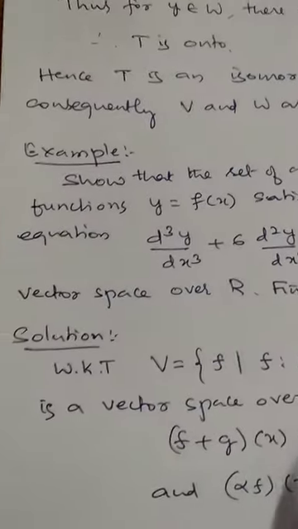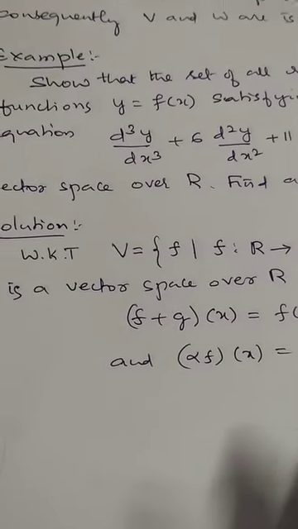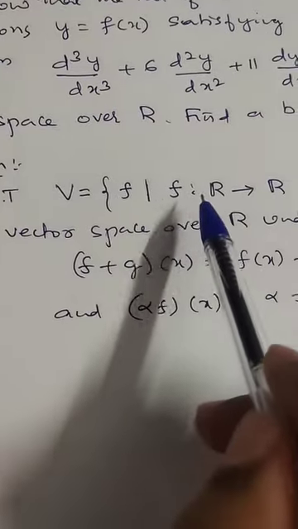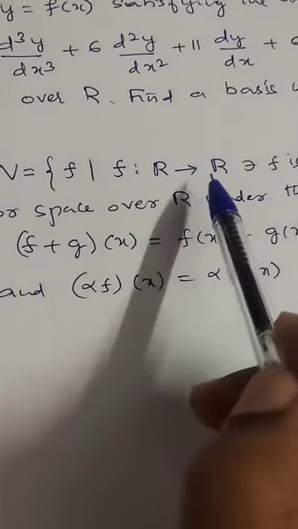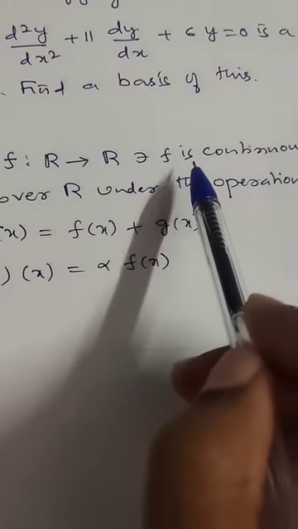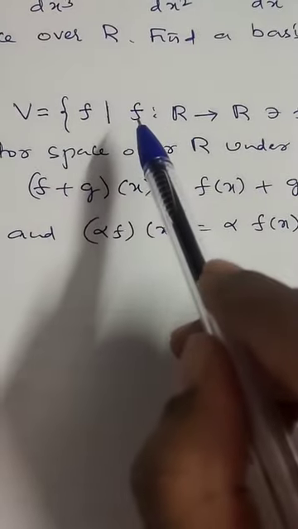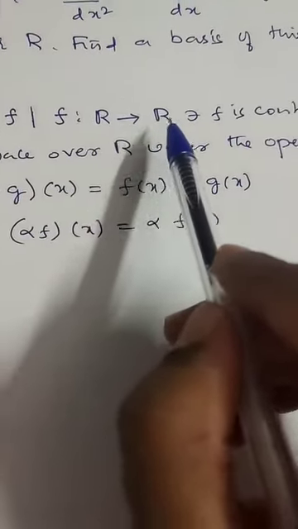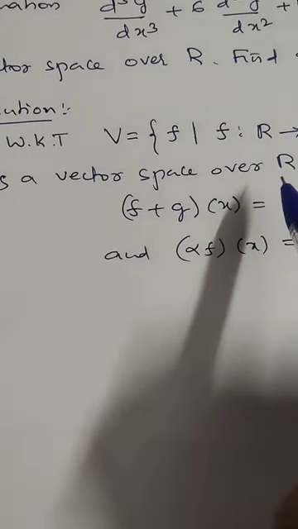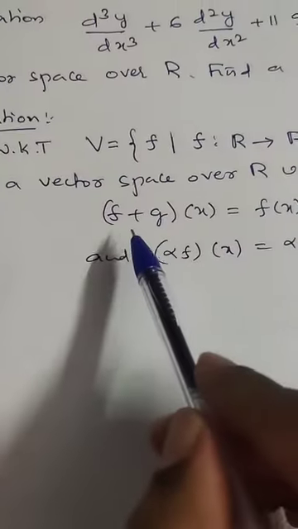Okay, so for this, look here, this is a different and interesting example. So we know that if V is the set of all real valued functions from R to R, such that f is continuous, that is, V is the set of all continuous real valued functions from R to R, then definitely this is a vector space over R under the operations, what are the operations we consider here?